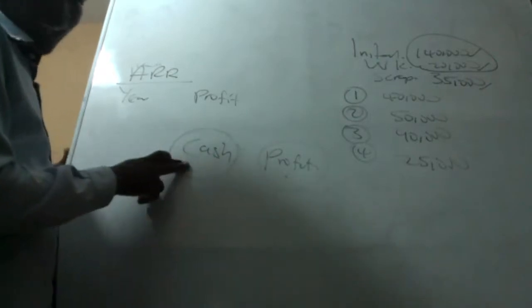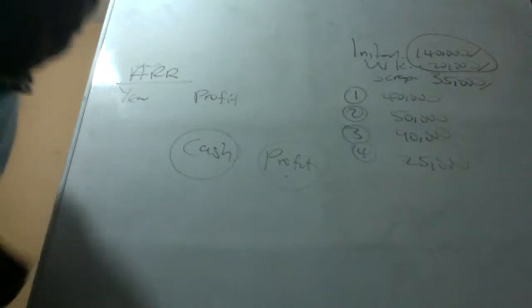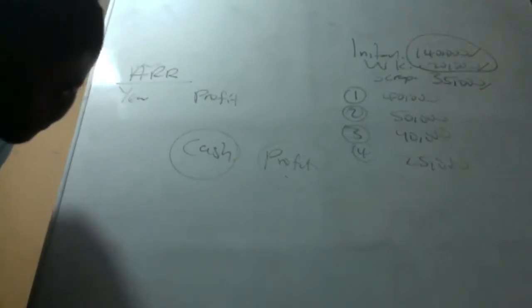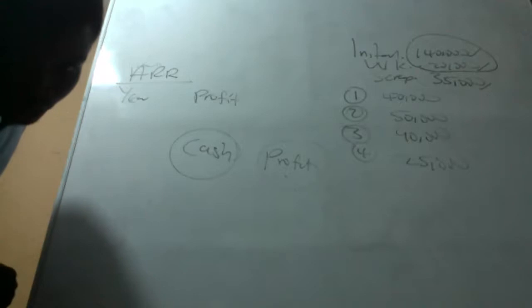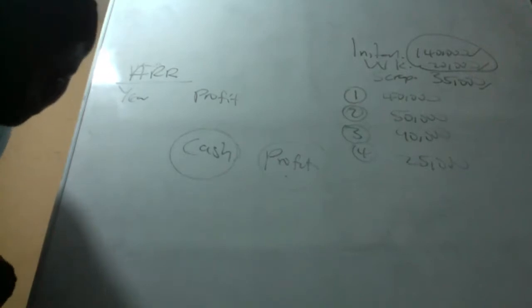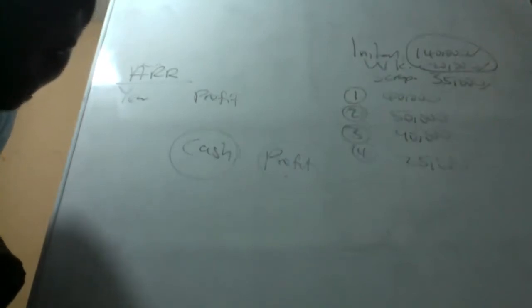But we want profits. What do? Profit, it means that they have not subtracted non-cash items. Depreciation has not been subtracted. So you have to okay. I'll do that.